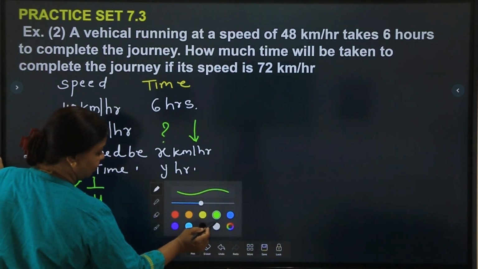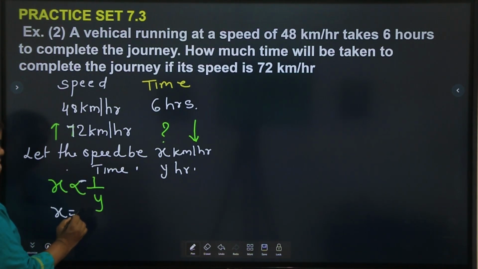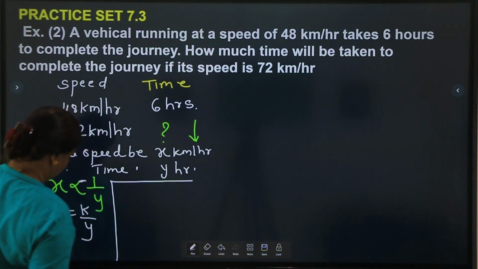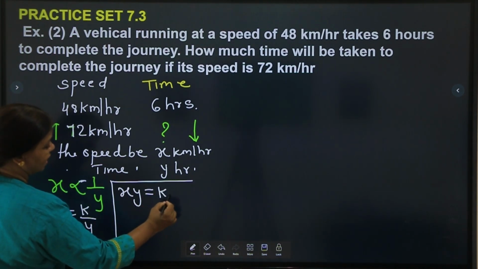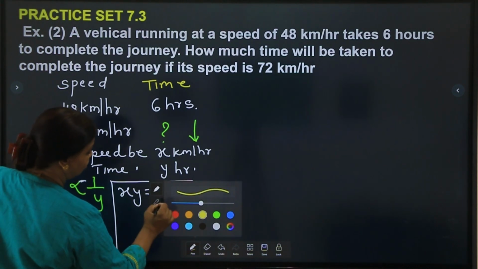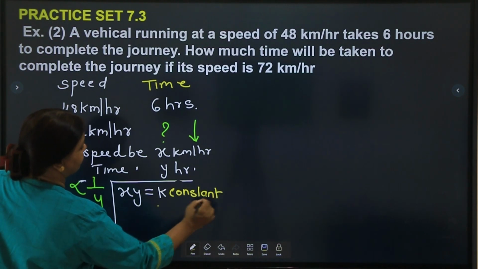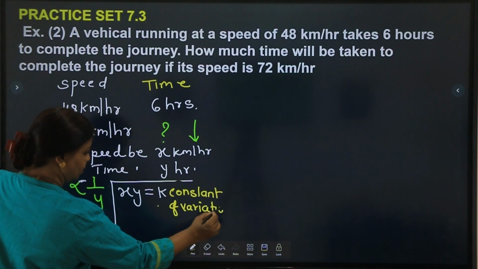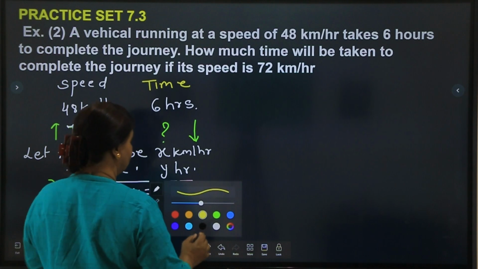Now we will remove the variation sign and we will get x is equal to k upon y. y will go and multiply with x and we will get xy is equal to k, and k here is the constant of variation. It's very, very important to write this, okay children? So now we got xy is equal to k.